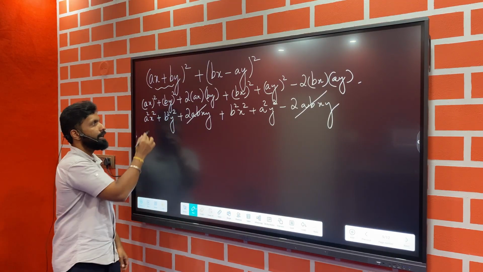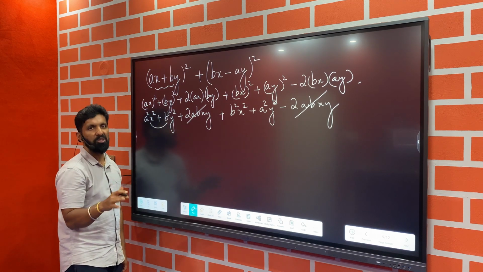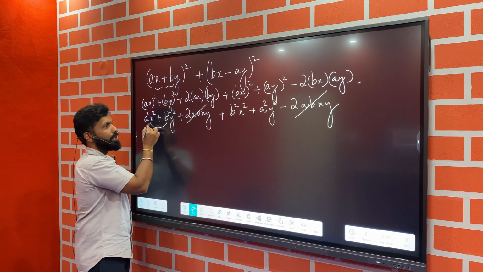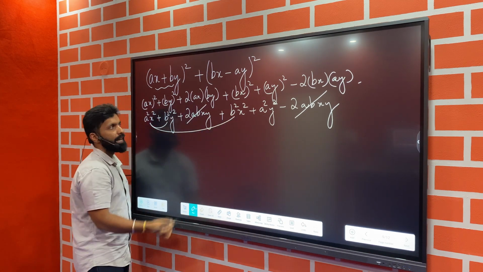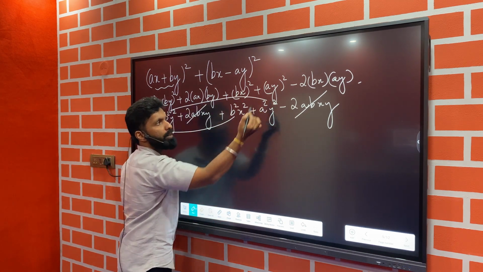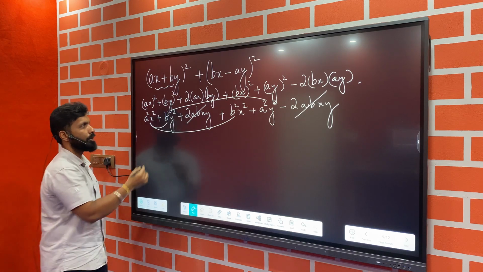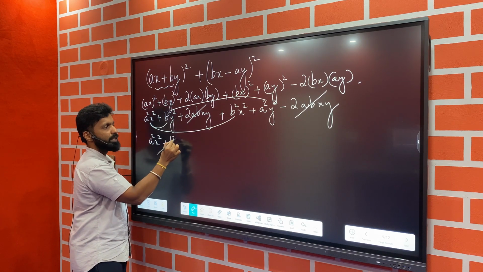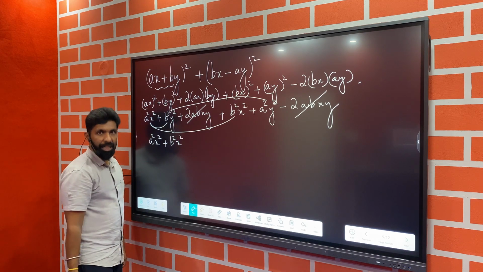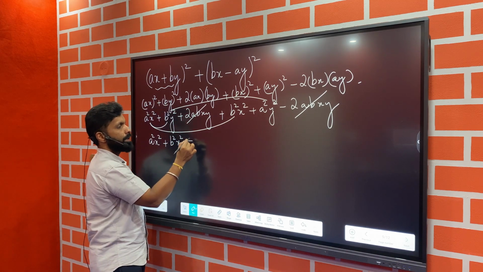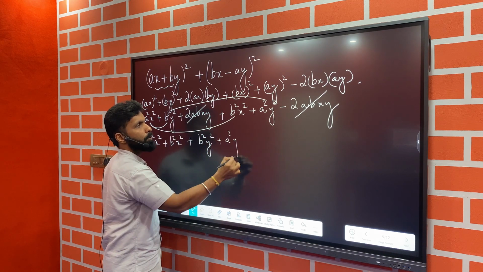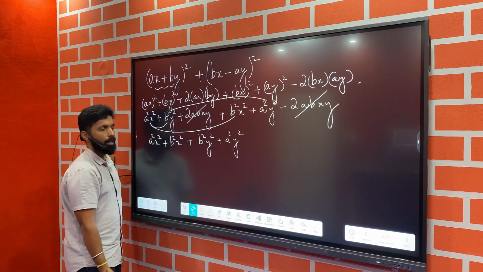Again, I understand if these two are together, no use. I'm not able to factorize. So what I do, I mix and match. I make these two together and I ask these two to stay together. Let's see if it helps. Okay. So a square x square plus b square x square are written together, plus b square y square plus a square y square are written together.